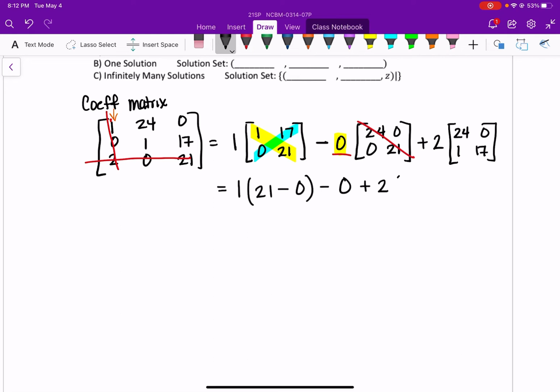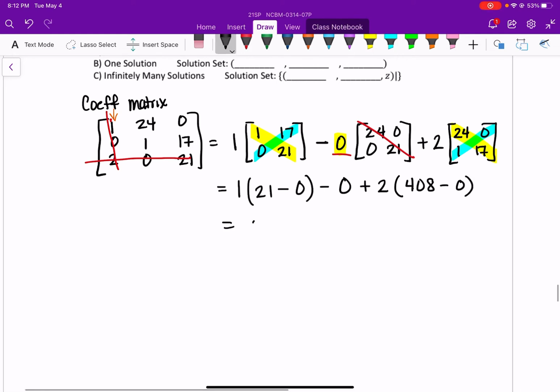Plus 2 times, again, doing my diagonal here, I've got 24 times 17, and 24 times 17 is 408, minus 1 times 0, which is 0.